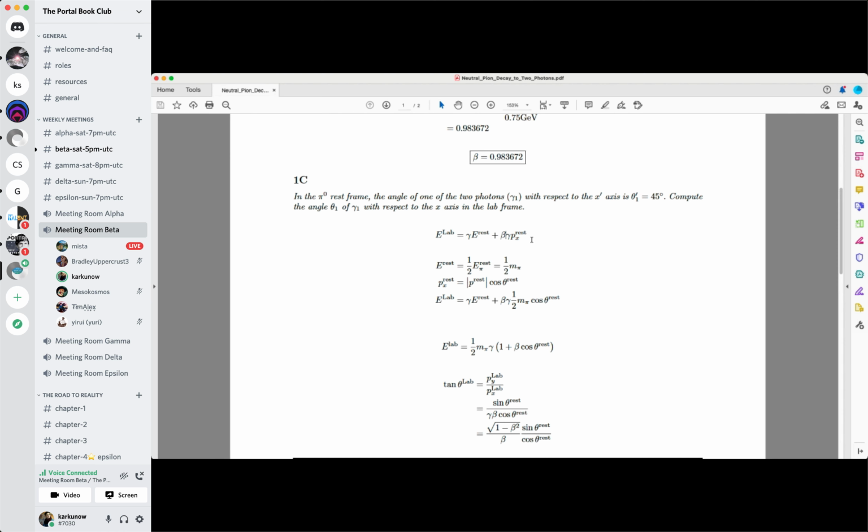Only for the energy. Yes, exactly, because for P lab, we're given the magnitude of that. So when I say E rest here, this is the energy of one of the photons, basically in the rest frame.